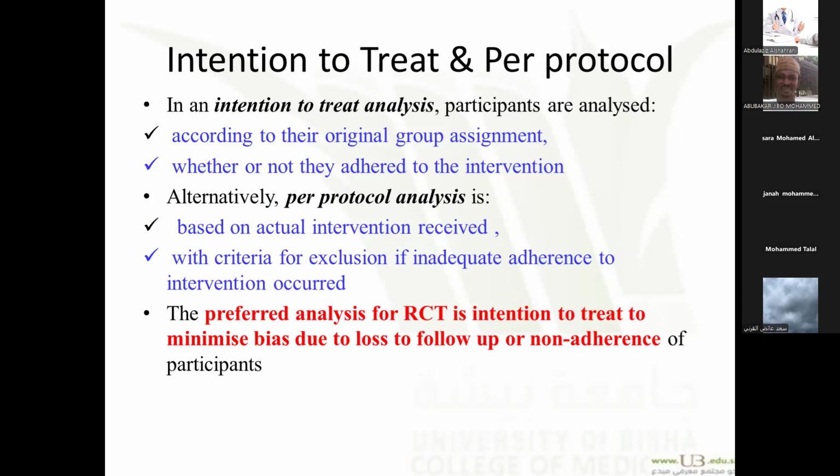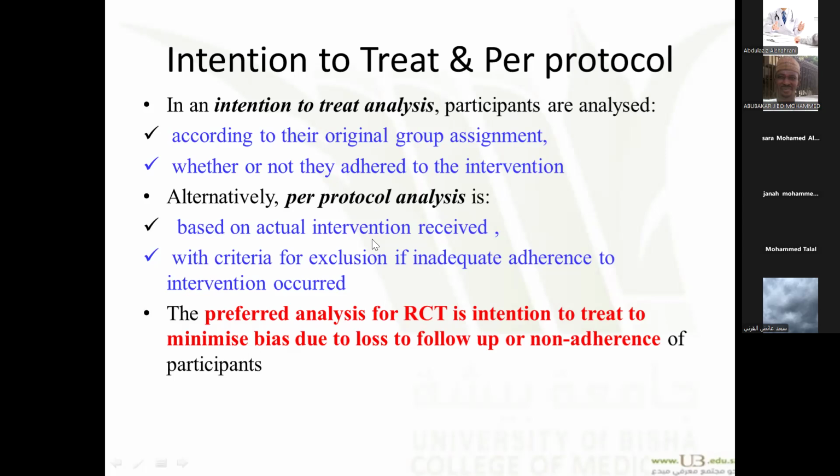Alternatively, you can use per protocol analysis instead of intention to treat analysis. But this one is particularly based on actual intervention receipt. There's a criterion for exclusion if there is inadequate adherence to the protocol.